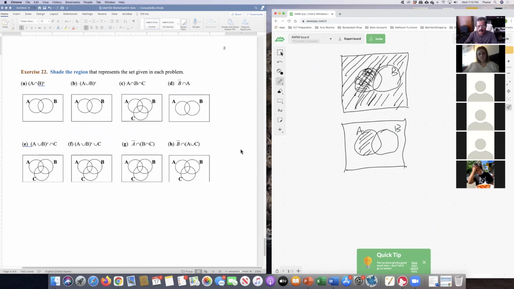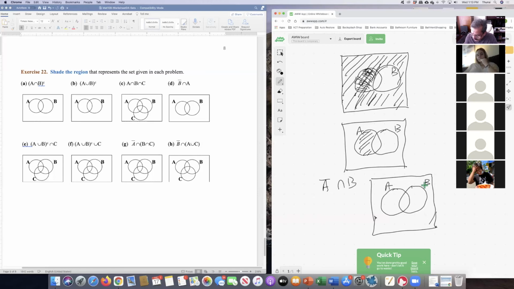So what would be A bar intersection B? Anybody? It would just be B shaded. Entire B shaded? Yeah.